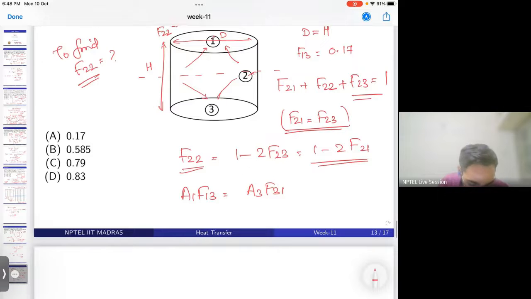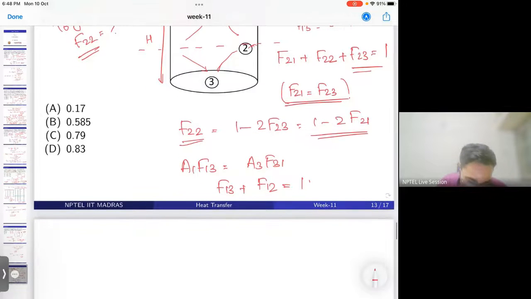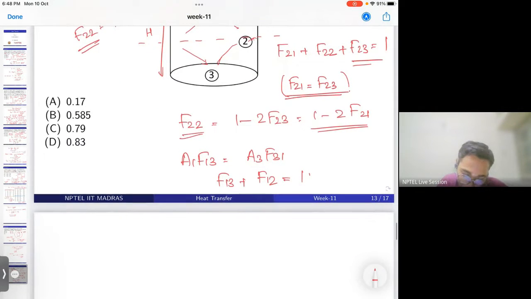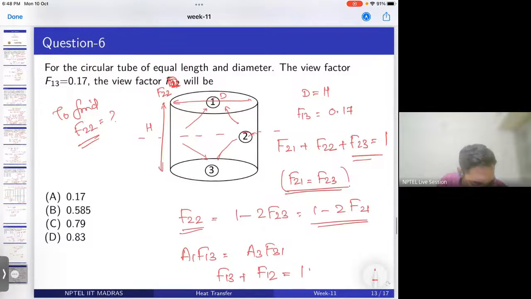If I am taking the case of surface 1, F13 plus F12 should be equal to 1, because whatever energy is emitted from 1 should fall on 3 in some part and the rest will fall on 2.